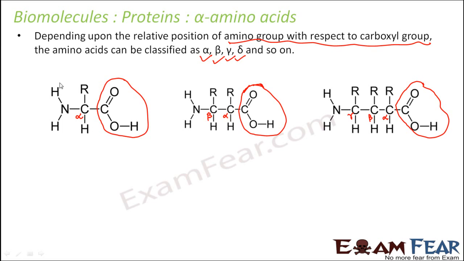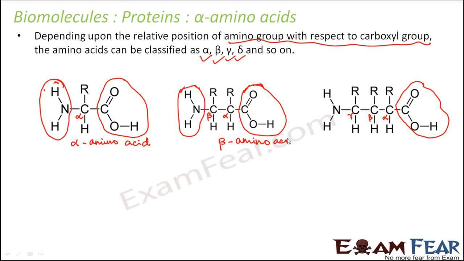Now the amino acid where the amine group is connected to the alpha carbon is known as alpha amino acid. Here, this is your amino group and it is connected to the alpha carbon, so it is an alpha amino acid. In this case, the amino group is connected to the beta carbon, so it is a beta amino acid.